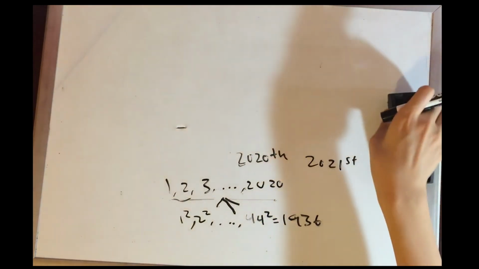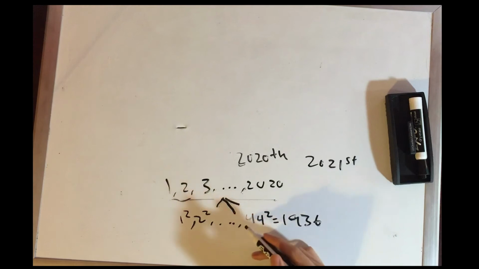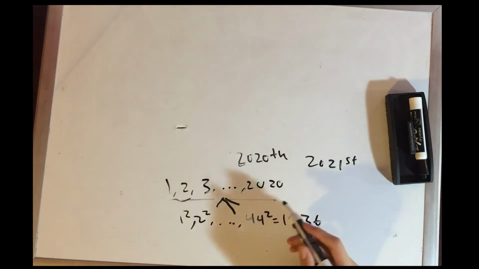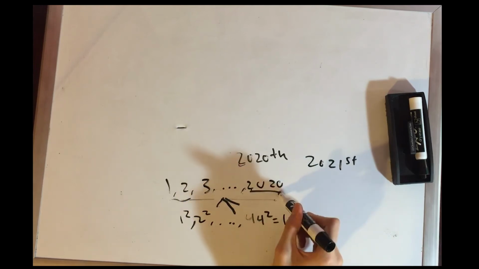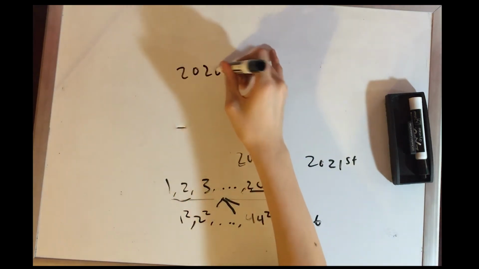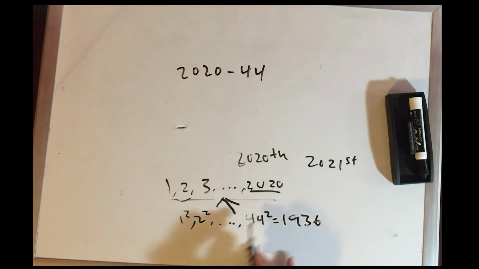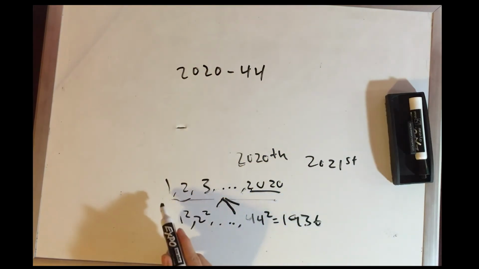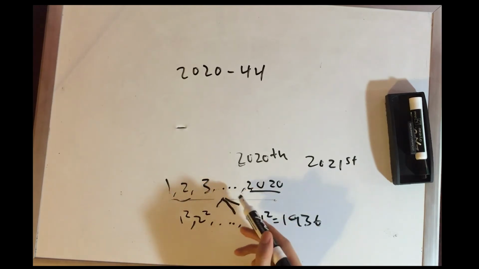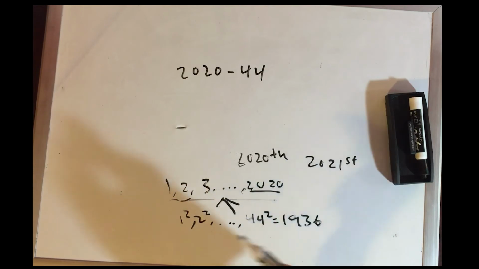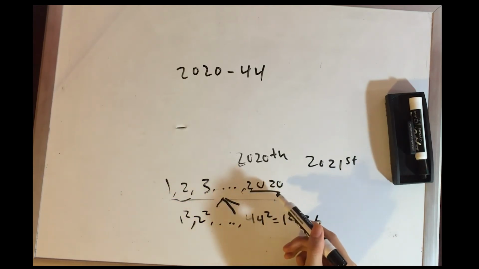So if we're inserting 44 numbers into the sequence, that means our 2020th number place will be shifted down 44. So instead of being 2020, it'll be 2020 minus 44 for our 2020th number. Because this is a list of natural numbers, each time we shift it down 1 place, we're subtracting 1 from our number, right?